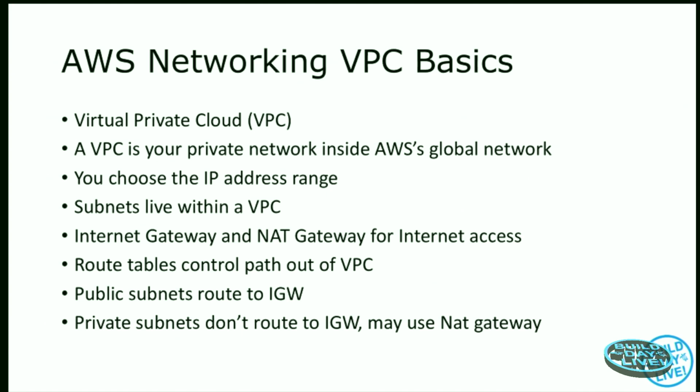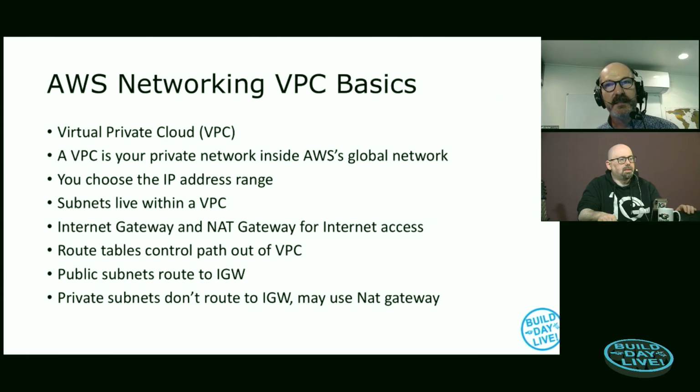Each of those draws from the VPC's IP address range and then gets access to the internet, either directly through the internet gateway, because the route table controls it to the internet gateway, or to a NAT gateway that you've chosen to provision into one of those public subnets. Public subnets route to the internet gateway and allow both inbound and outbound connectivity. Private subnets can use a NAT gateway to get to the internet, but don't have any inbound connectivity. They're nice and secure. So that's the very basics of VPC networking.